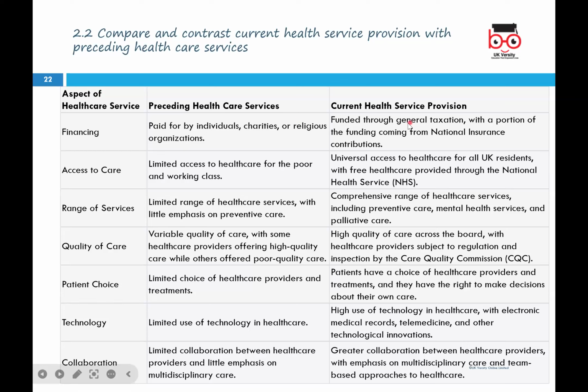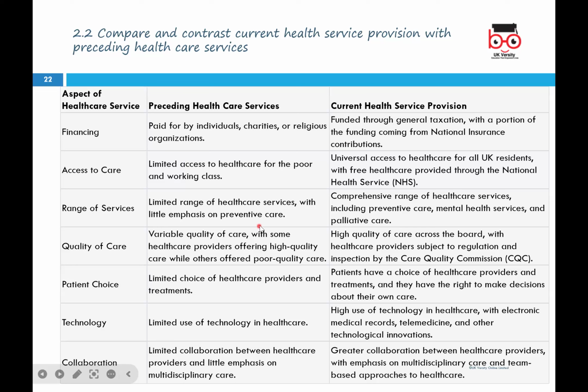But in the current system, it's funded by general taxation, with a portion of the funding coming from our national insurance contributions. Talking about access to care, it was limited for the poor and working class, but now there's universal access to all residents within the UK.